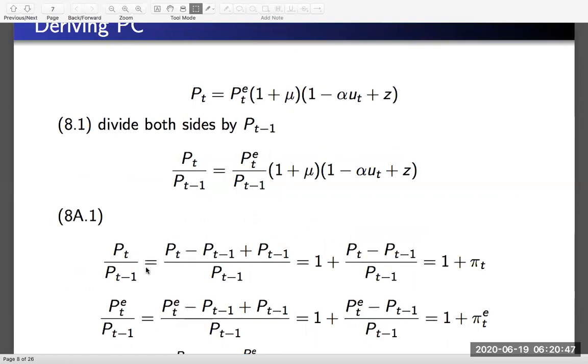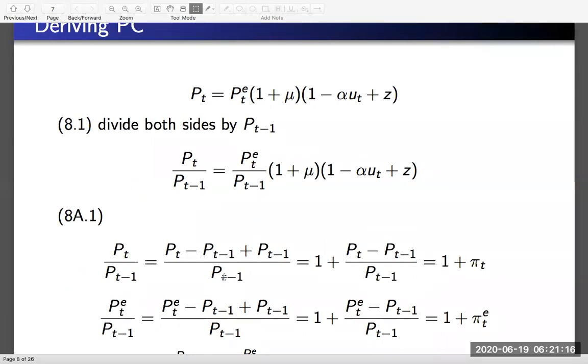Now, from equation 8.1, I can take that part and manipulate it to get inflation. I take P over P minus 1. If you subtract P_{t-1} and add it back, it's like adding 1 and subtracting 1, so nothing is happening, but it helps me reformulate my equation.